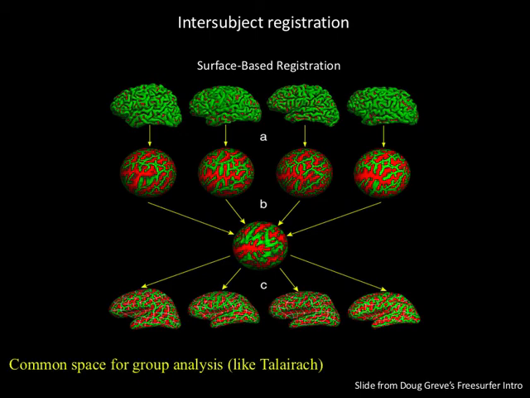Okay, so bottom line is, just like with volumetric analyses, we're trying to find a common group space, just like you would with a Talairach transformation. FreeSurfer does everything in MNI space, in case you were wondering. As far as I know, there's no way to convert from that to Talairach. I think Talairach is kind of on its way out.